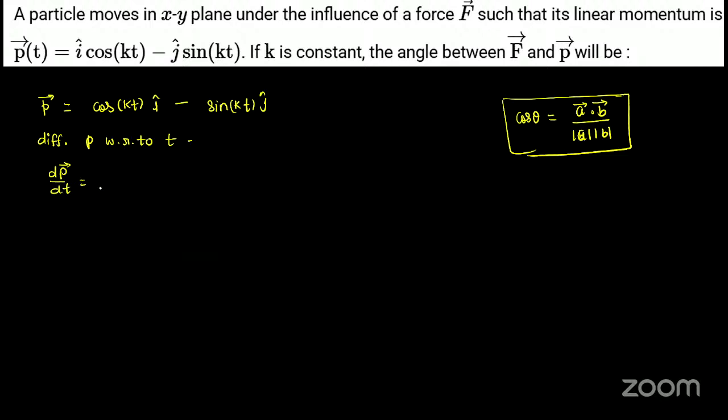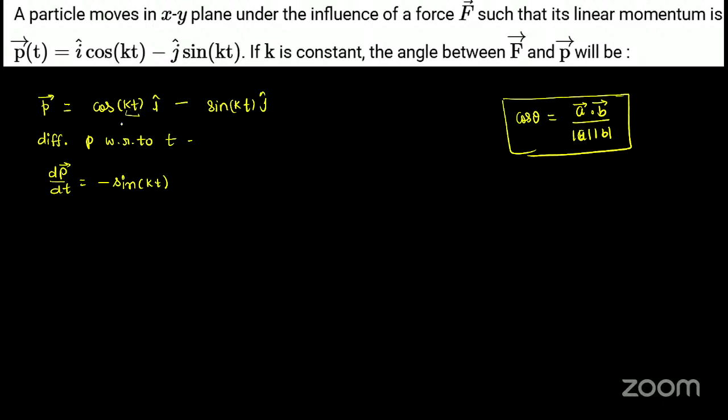Now, those who have problem with the differentiation, let me know in the chat box. Look, when you differentiate this, differentiation of cos theta will be minus sin theta. So it will be minus sin kt, and since inside also there is a function of time, we will differentiate it again.